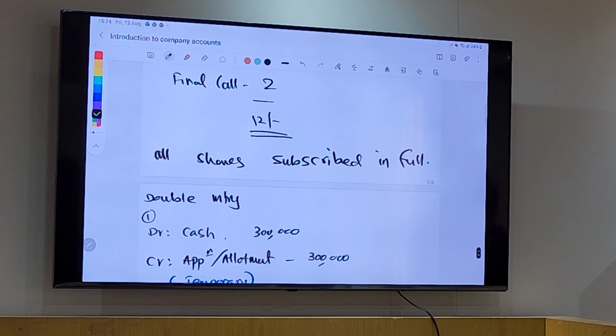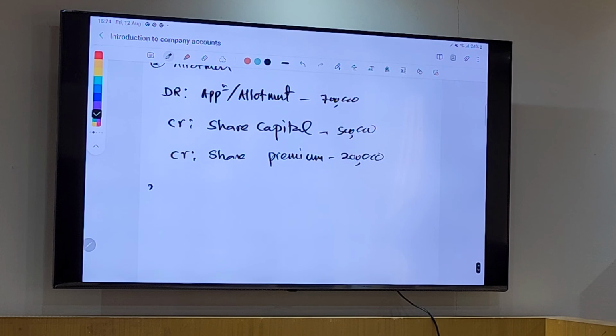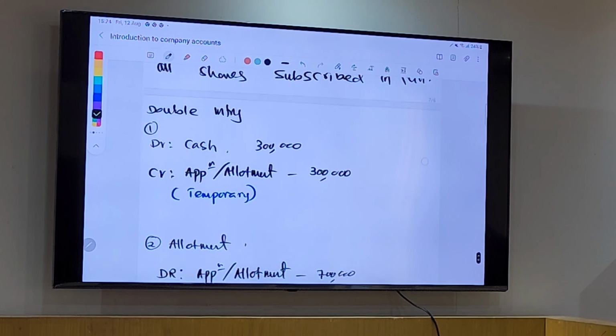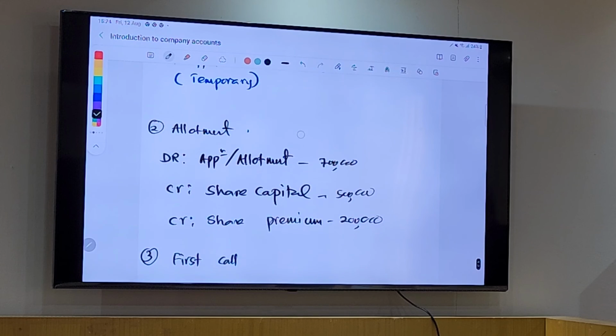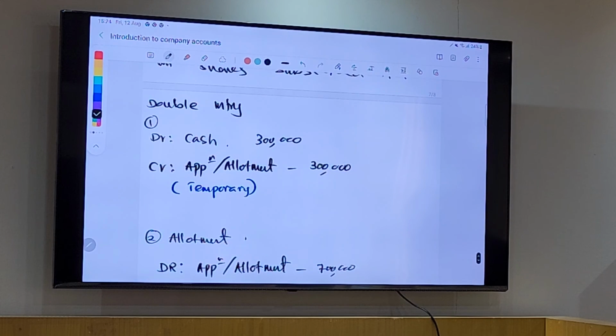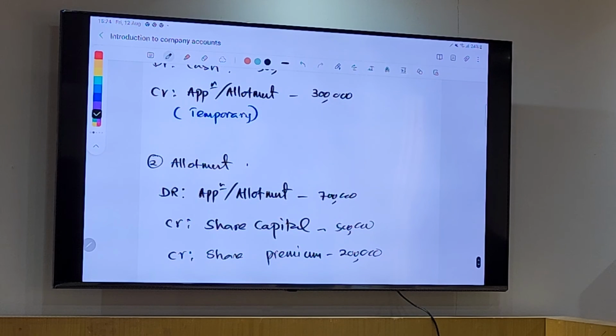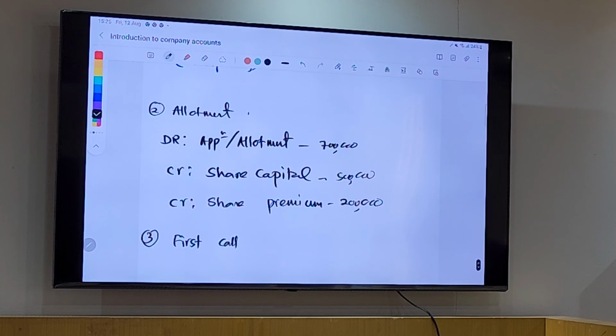Now the third entry. Sorry, the application allotment account is still not completed, because there will be a difference of 300,000 and 400,000. Okay, now this is the allotment. Once you do the allotment, you need to receive the cash.